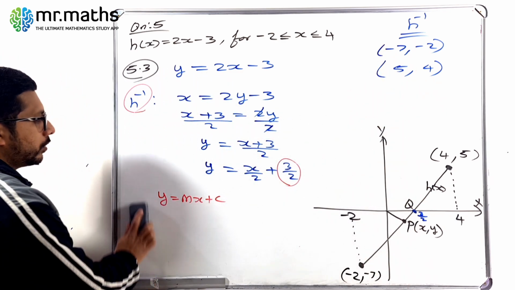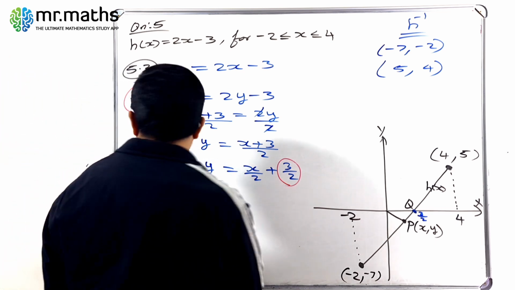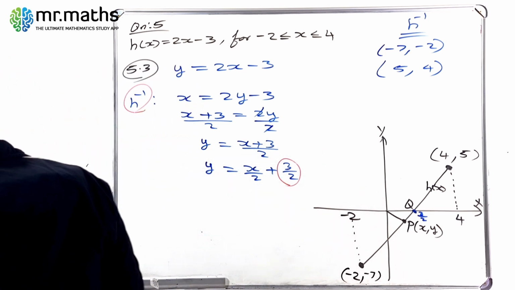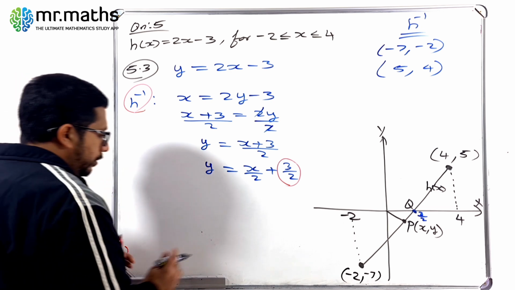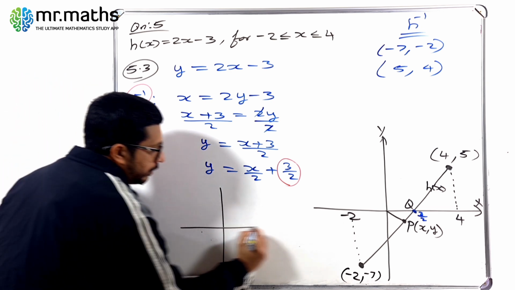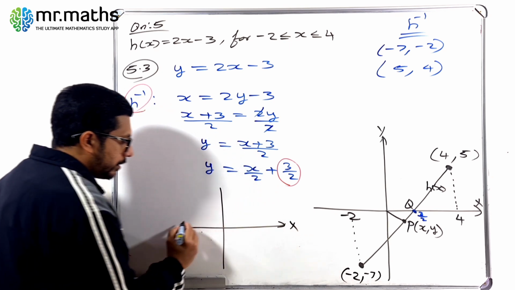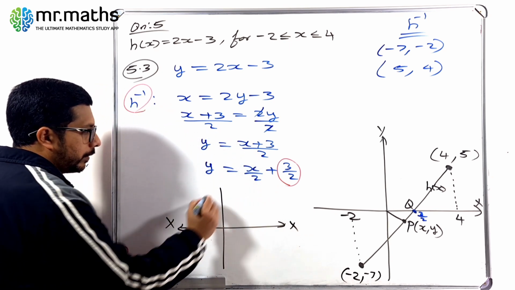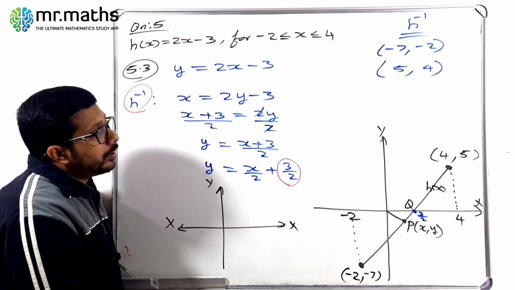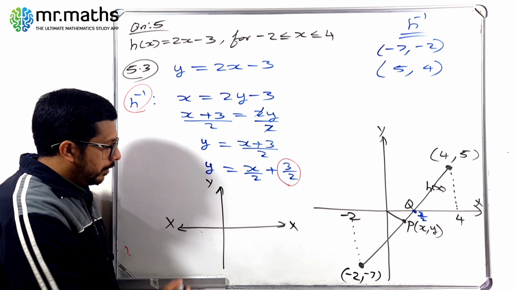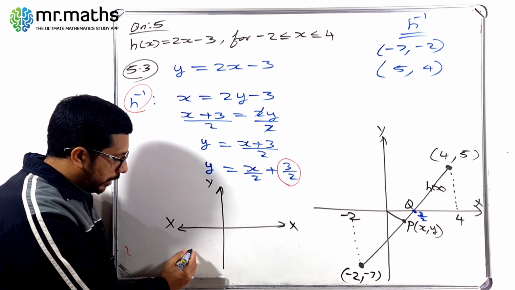Okay, so let's draw the graph. Do we want this equation once more? Okay, let me draw it here quickly. This is the x-axis. You have to draw it neatly. This is the y-axis, and -7 for x, -2 for y somewhere here.